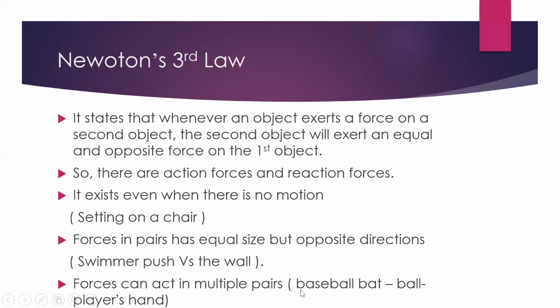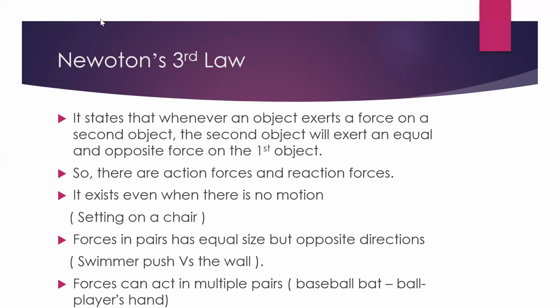If you see the baseball bat, the baseball player uses a bat and his arm to push the ball. So on the ball, we have multiple pair forces, the bat itself and the player's hand. These are examples of forces applied using multiple pairs.